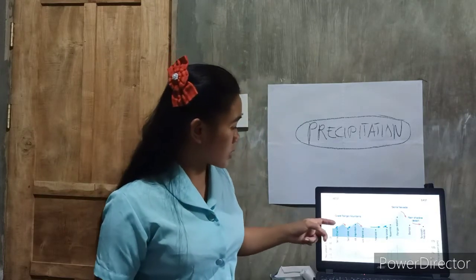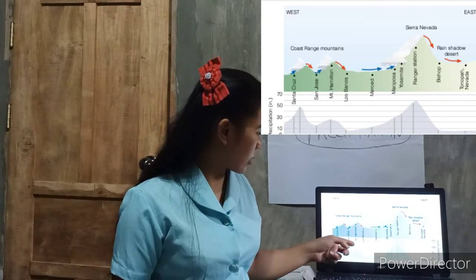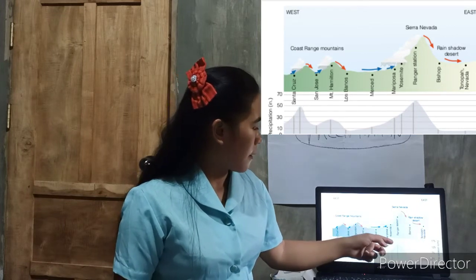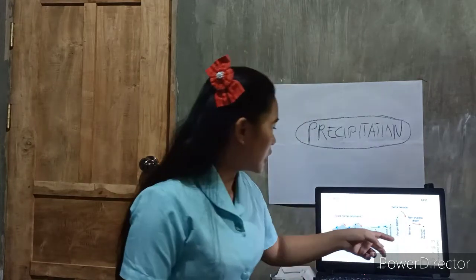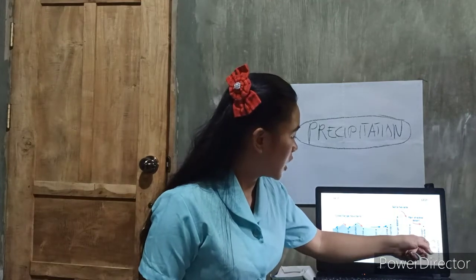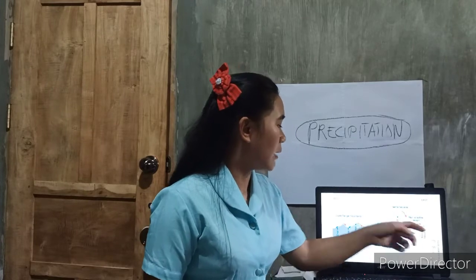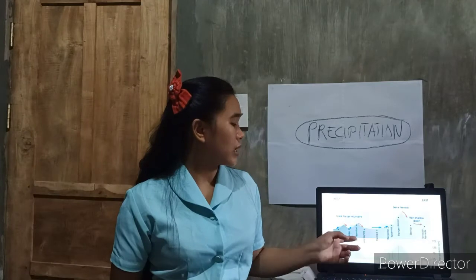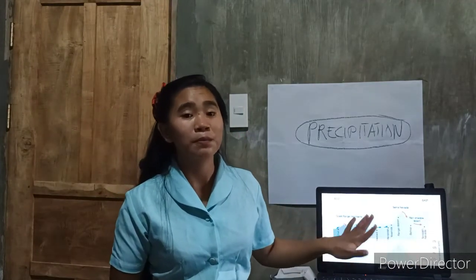This is the Coast Range, with Santa Cruz, San Jose, Mount Hamilton, Los Baños, Merced, Mariposa, Yosemite Ranger Station, Bishop, then Tonopah in Nevada. This is the Sierra Nevada. This is the windward side and this is the leeward side. This is how topography affects the distribution of precipitation.